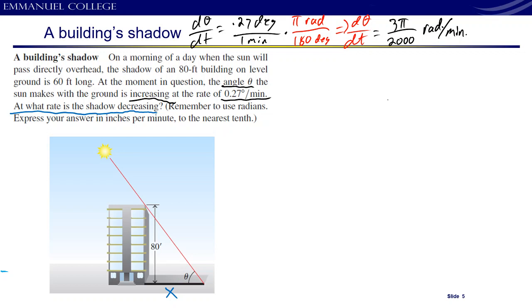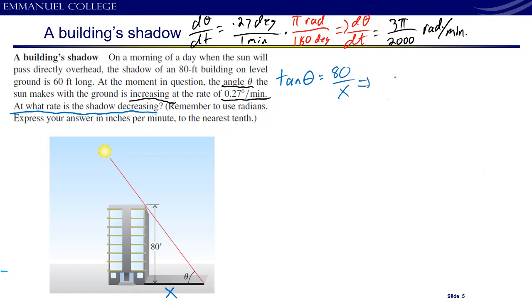Now let's see what I can do with that. Well, I've got an angle, and I have an opposite side, and I have an adjacent side. So if we go back to our trig functions, then tangent of theta is equal to the opposite side over the adjacent. So now I have something I can work with.